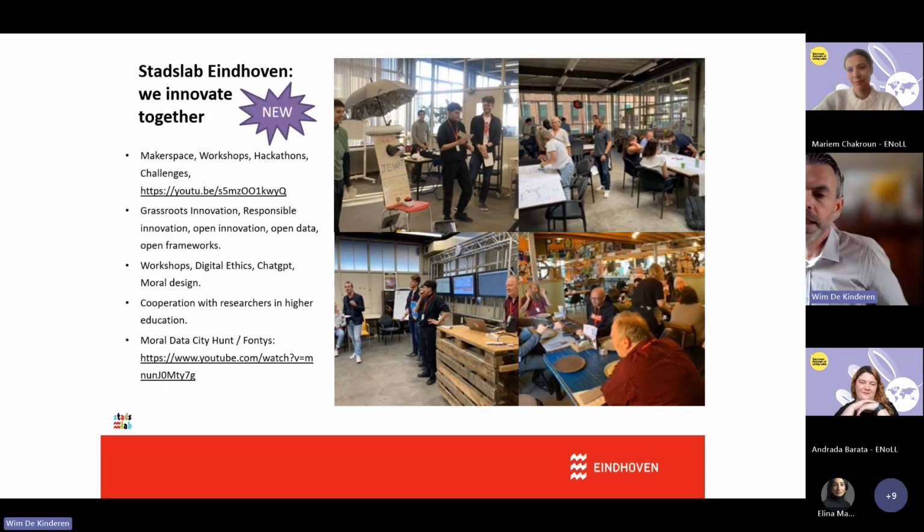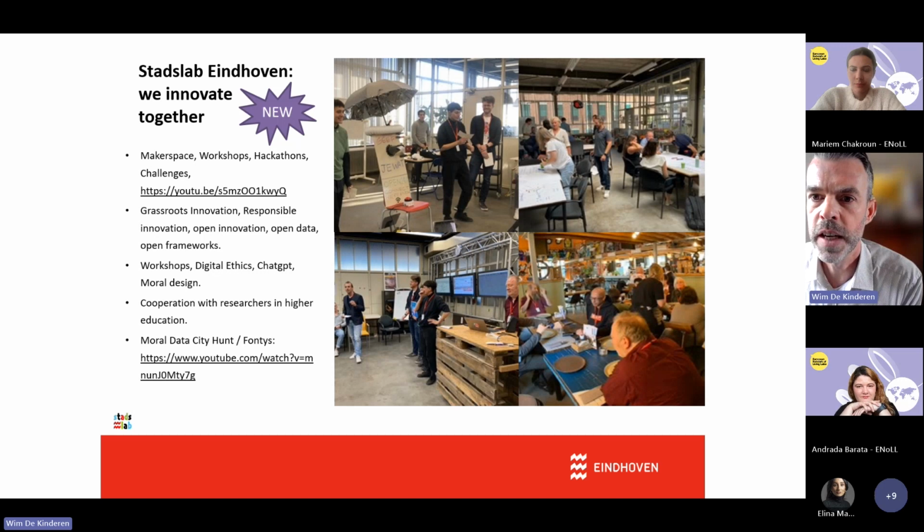Then to finalize, a small word on City Lab Eindhoven, which is a new initiative now running for 2 or 3 years. And the pictures you see here will probably remind you a lot of the environment of a fab lab or hackathons, etc. This is indeed what we do.